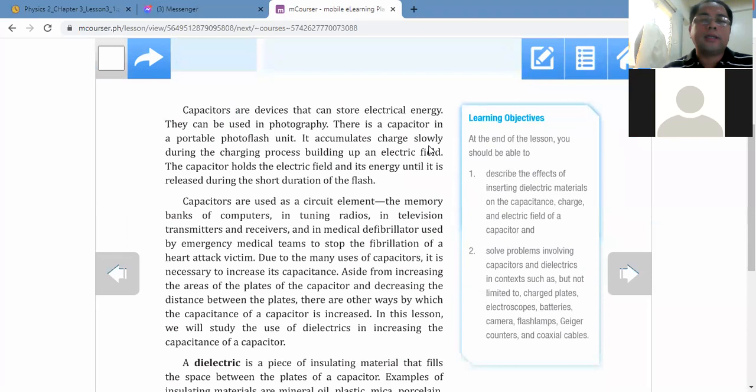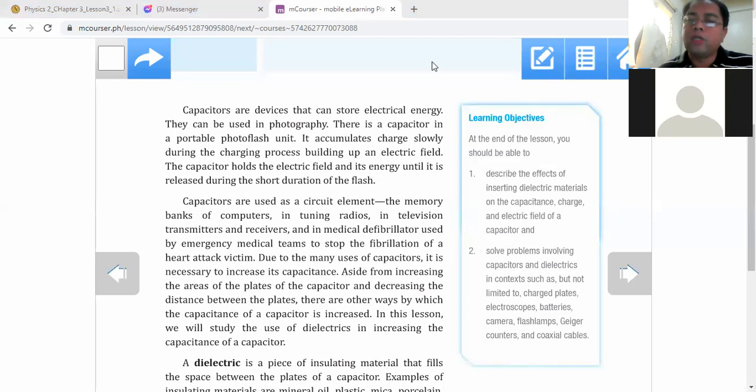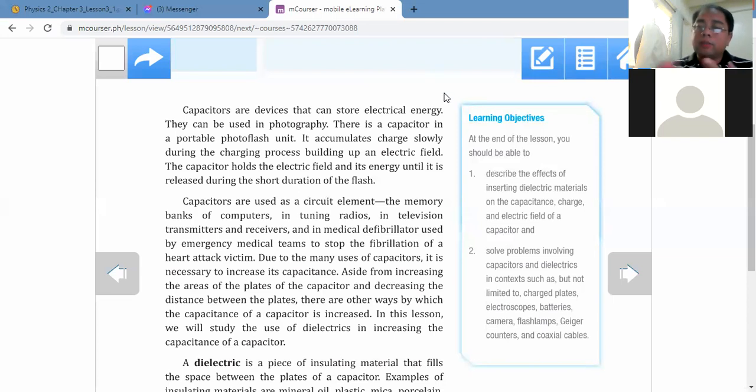So capacitors are devices that can store electrical energy. We realize again, if you were able to see the simulator, we can store enough charge in a capacitor, and once the capacitor is fully charged, we are able to light up a bulb, similar to a battery.